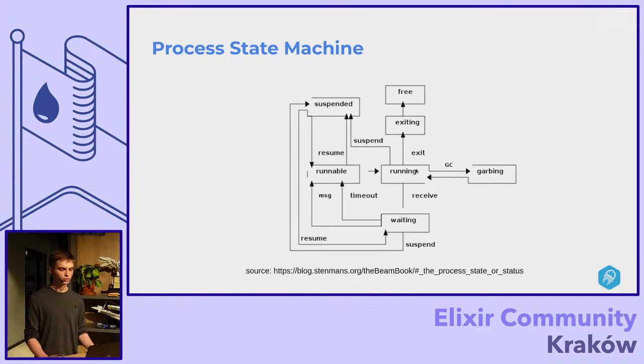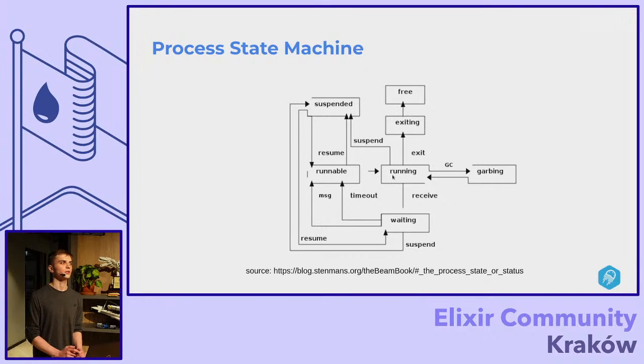When we go into a receive block and there is no matching message in our inbox, we transit to the waiting state. And when there is an incoming message, we transit to the runnable state and then to running once again.